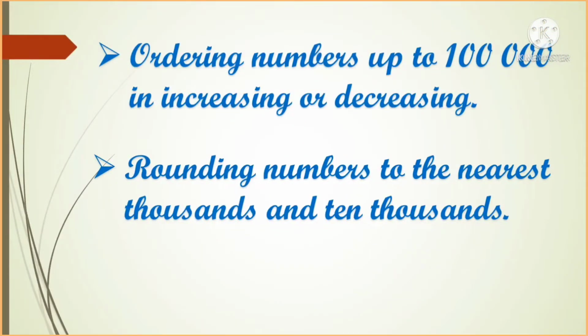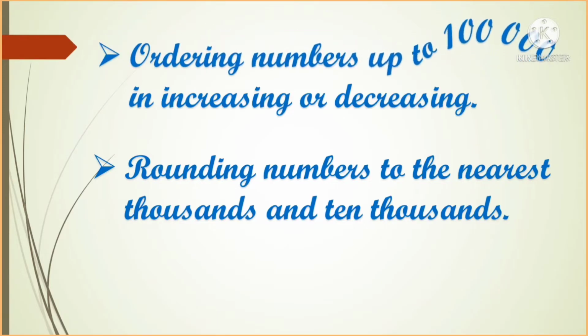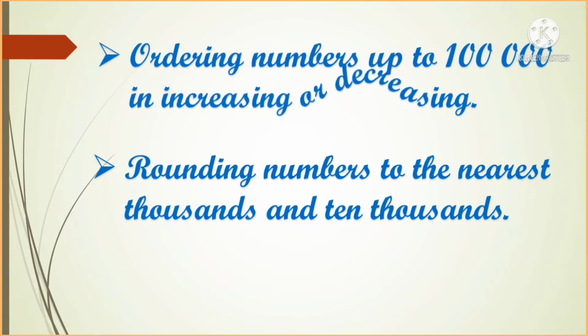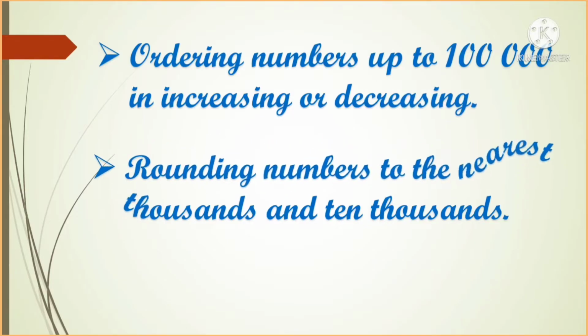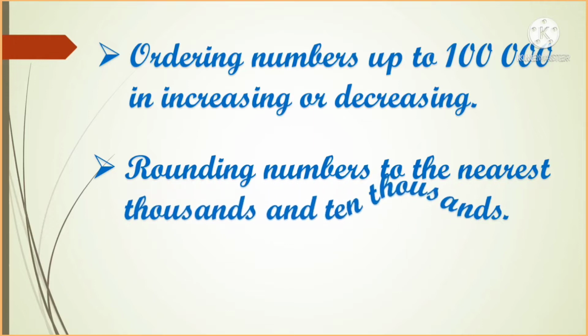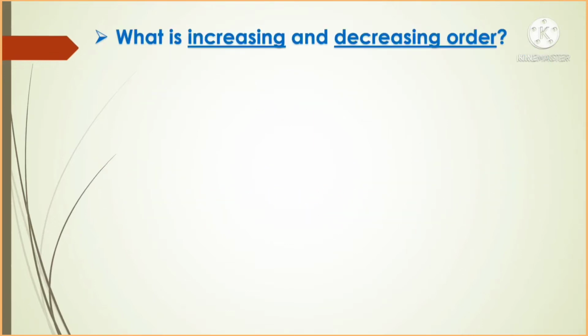Our lesson for today is all about ordering numbers up to 100,000 in increasing or decreasing order, and rounding numbers to the nearest thousands and 10,000s. What do we mean by increasing and decreasing order?